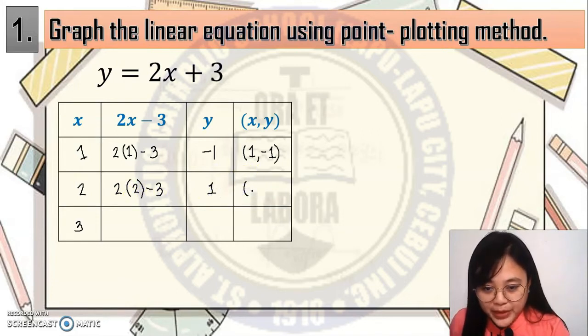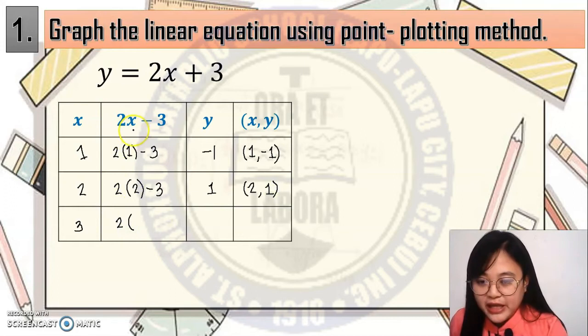Then our ordered pair here is 2 and 7. Lastly, still copy 2. Change the x now to the third number that we have chosen, which is 3, plus 3.